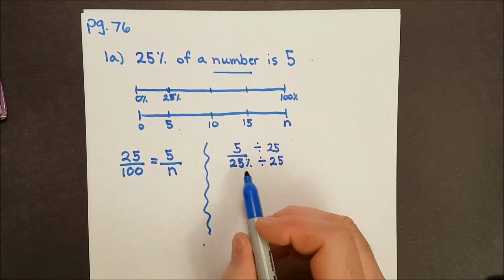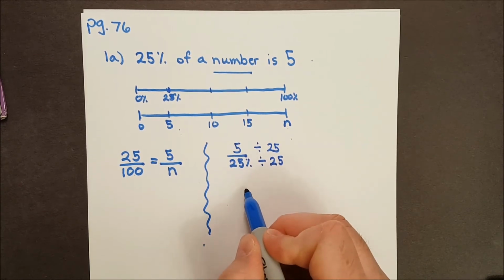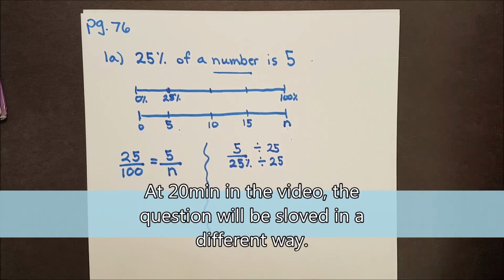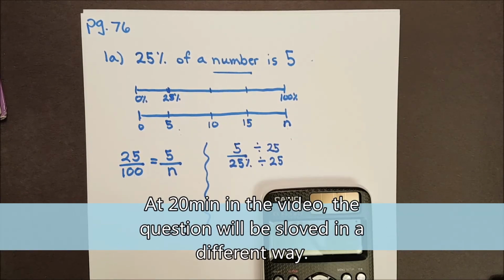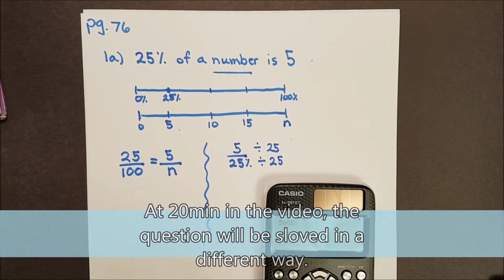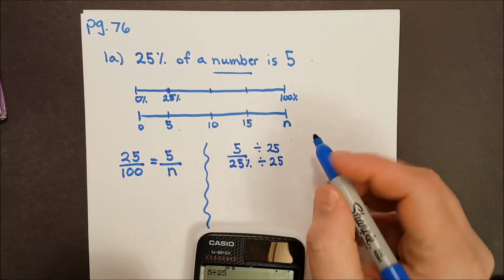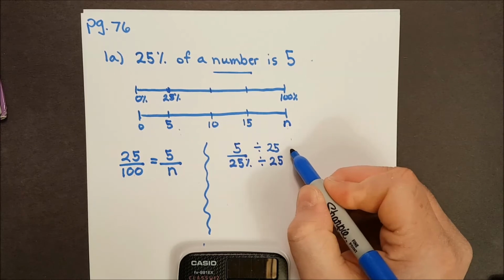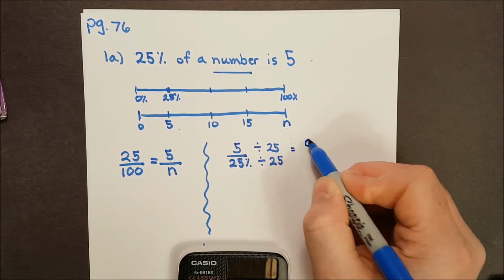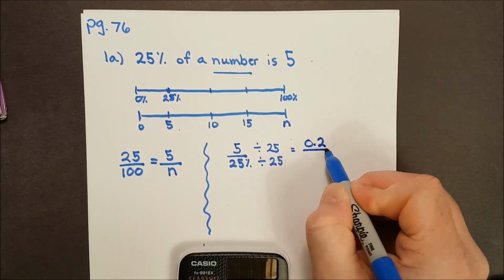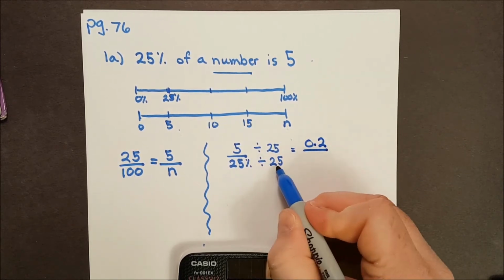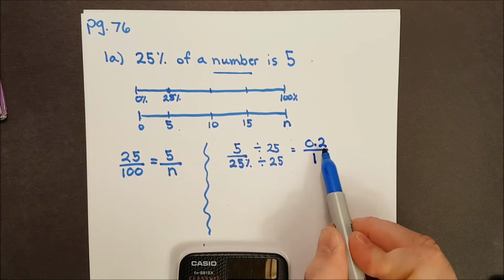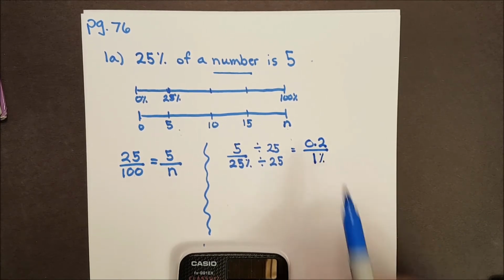So this will give us each percent. So 5 divided by 25, let's use our calculator again here. 0.2 over, well, 25 divided by 25 is 1. So we have 0.2 for every 1%.